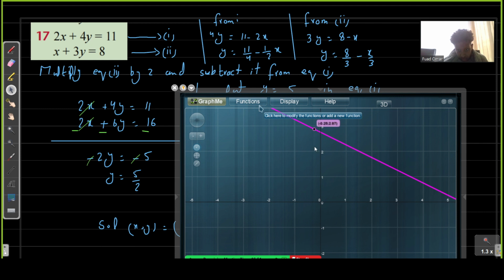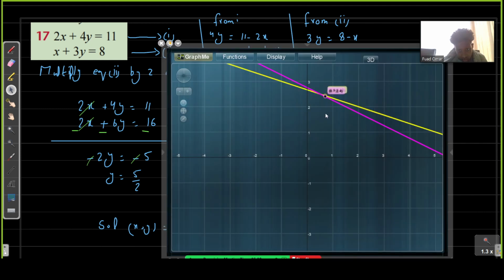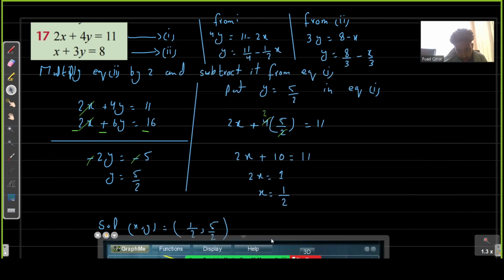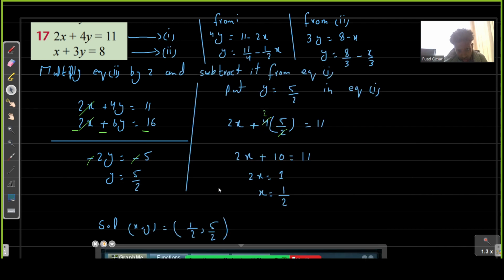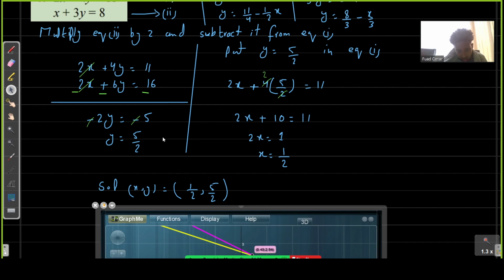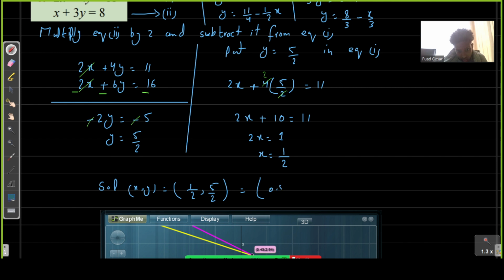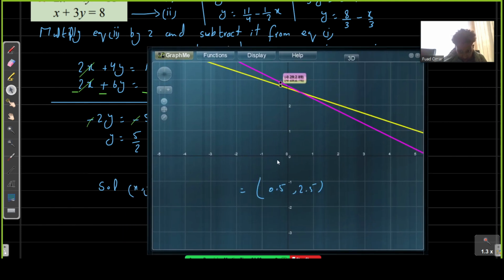It is making a straight line on the graph. I'm going to add the second one. Both of them are touching on the same solution. Look here, the first one is 1 by 2, which written in decimal form is 0.5, and 5 by 2 is 2.5. Let's see whether they are touching on the same point.